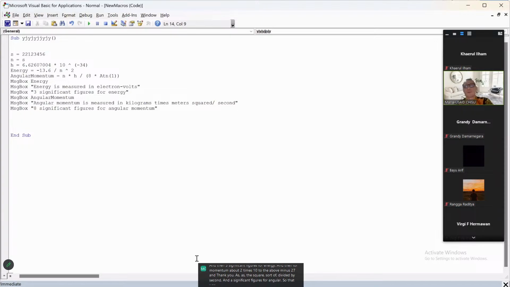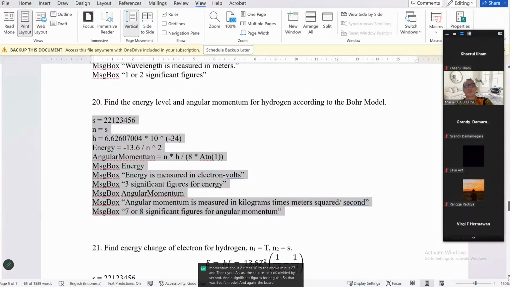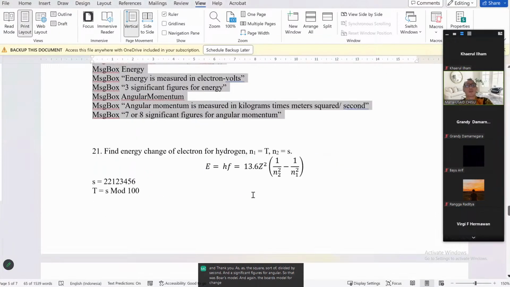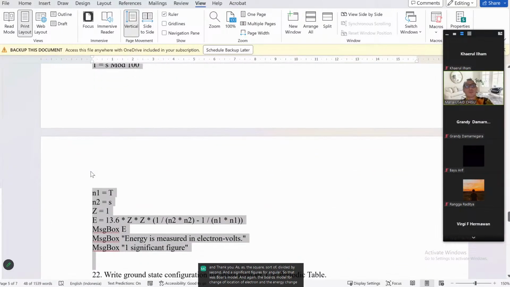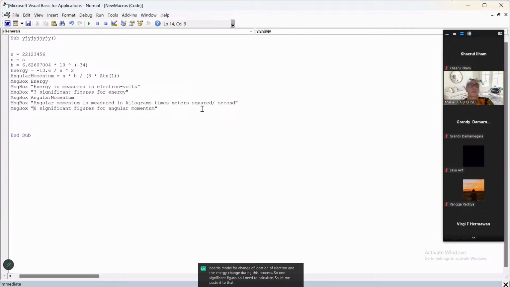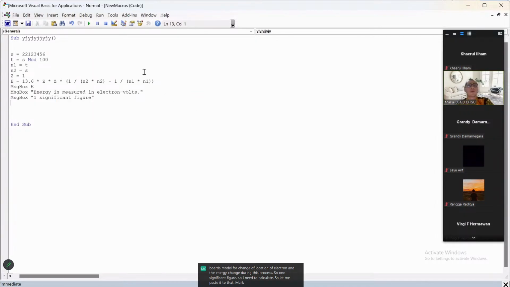So that was Bohr's model. And again, the Bohr's model for change of location of electron and the energy change during this process. So one significant figure, so I need to calculate. Let me paste it to the macro, and I run.